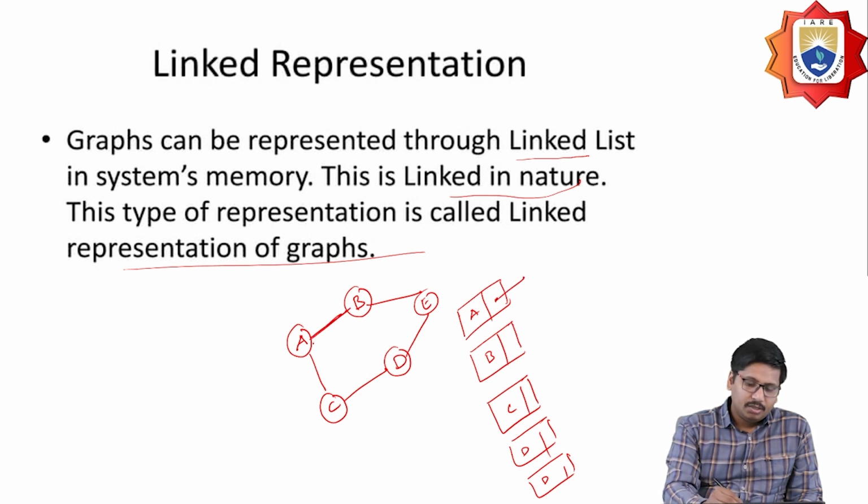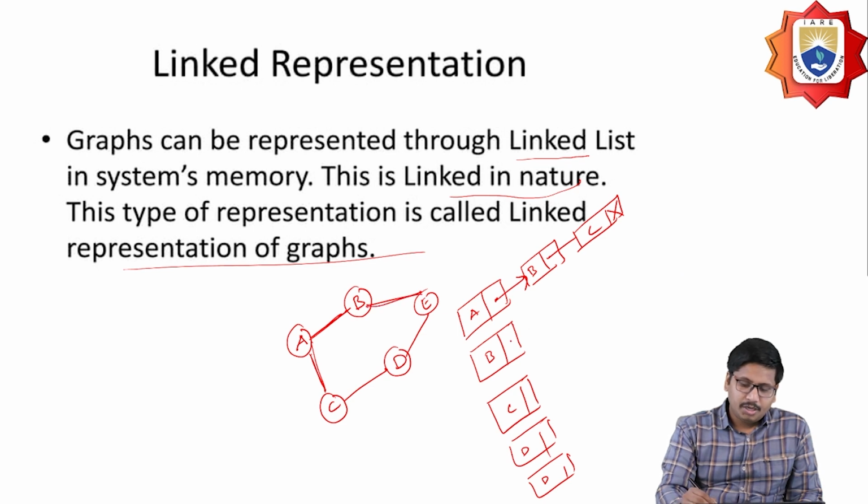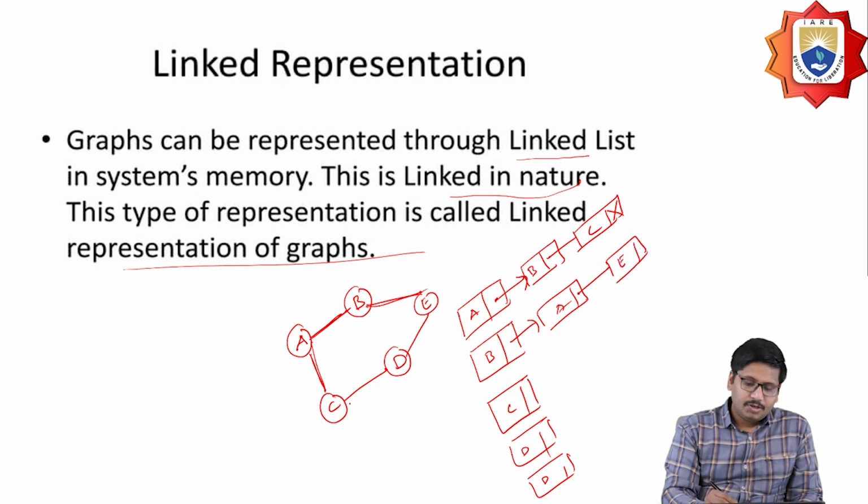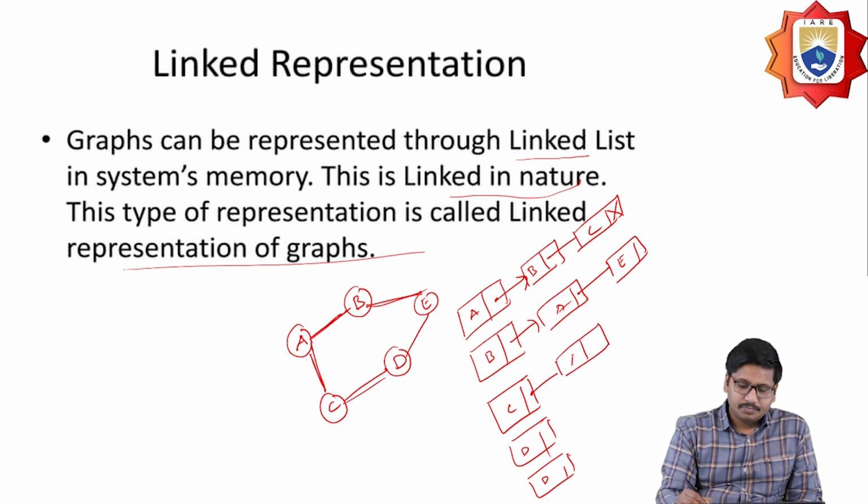A to B and A to C. For B, it should be B to E and B to A. And for C, C to A and C to D. And for D, it should be D to E and D to C.